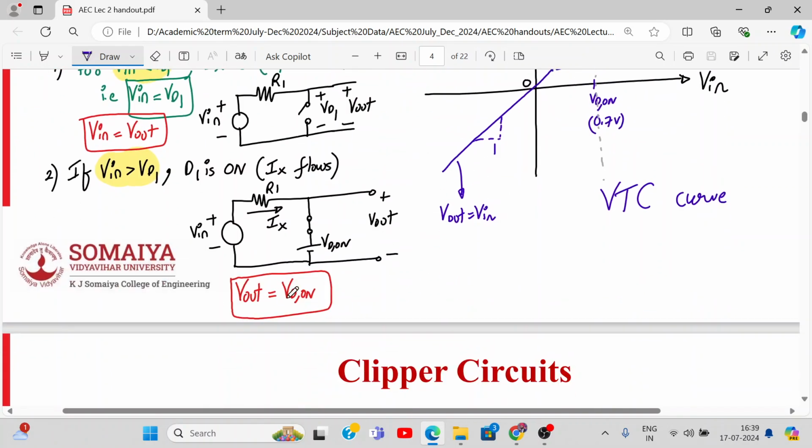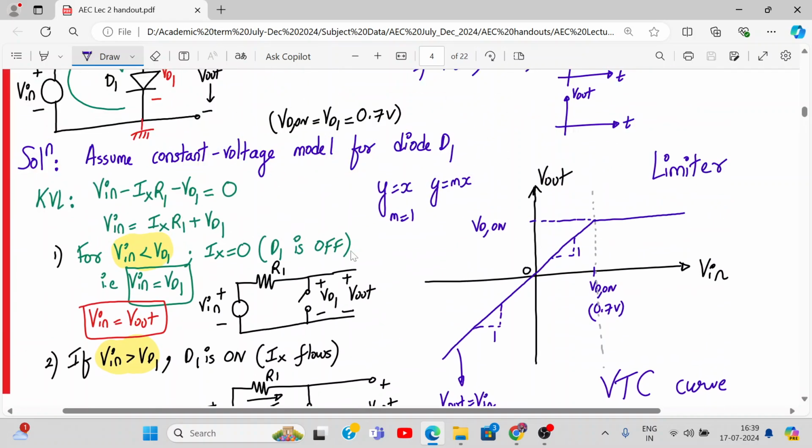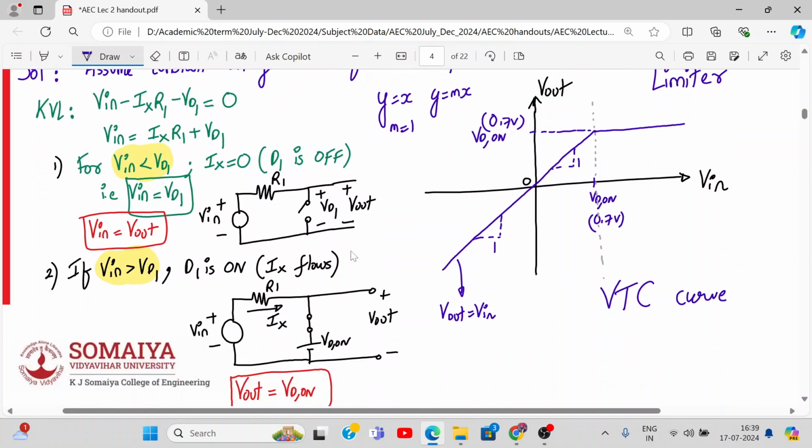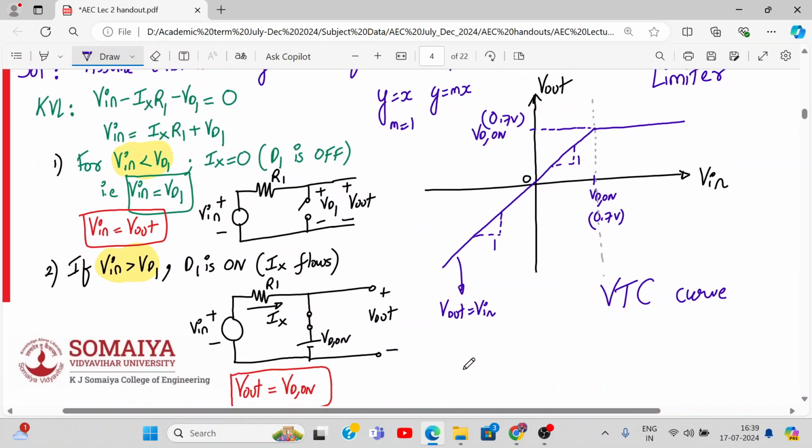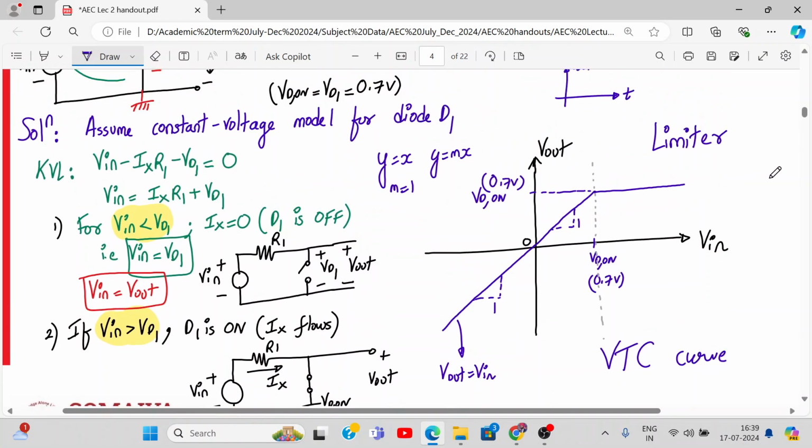See, what is the output? When V in is greater than VD1, output is equal to VD on. Where output and VD on are the same, right? And how much is VD on? So in the output, you draw 0.7 over here. Instead of VD on, I'll write 0.7. Does it mean the same? So output will be equal to 0.7 only throughout. That is why I have a constant line.